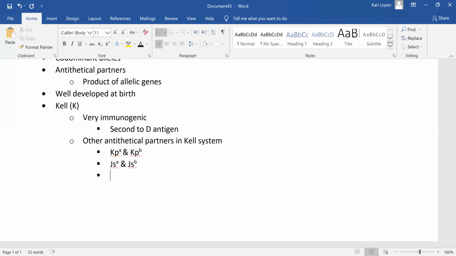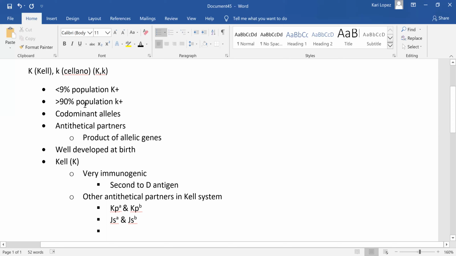And then to remember which one's high frequency. You know how up here we talked about Kell being less than 10% of the population positive, and greater than 90% of the population positive for Cellano or little k. To remember which ones are high incidence or high frequency, it's the B ones.